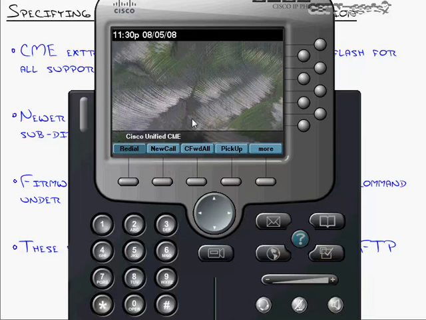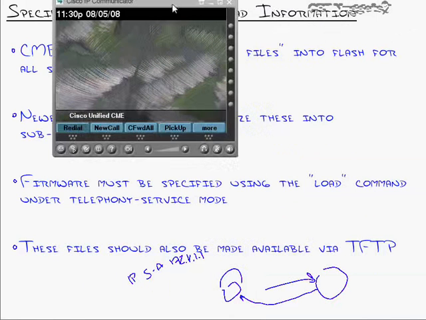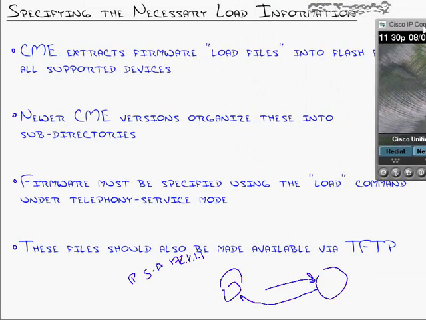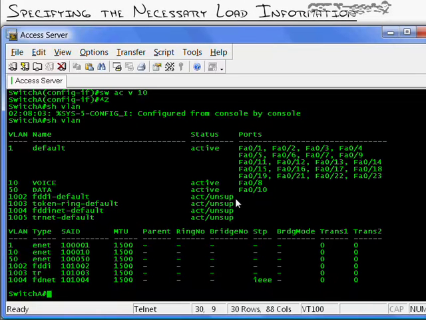It has auto-registered with the CME router, but at this point it doesn't actually have any phone numbers, so it's useless to us right now. I'm going to scrunch this guy down to the compact view for future nuggets, and we may bounce back and forth, but this helps me keep them open and eat up a lot less screen real estate. So I can actually go over to my router now.